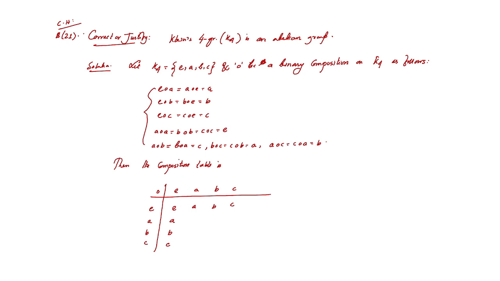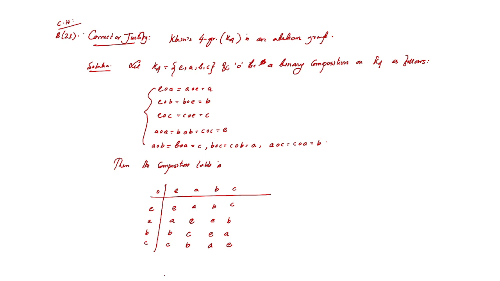Okay, and a composed a is the identity e. b composed b is also e. c composed c is also e. And a composed b is c. a composed c is b. b composed a is c. b composed c is a. c composed a is b. c composed b is a. So this is our composition table according to the binary composition.